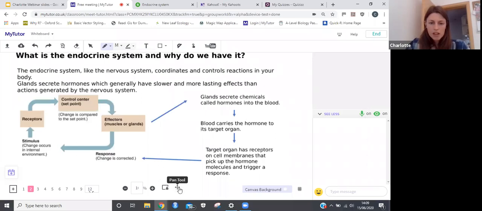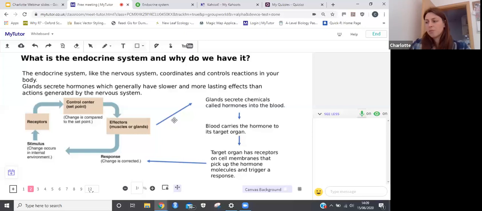So, what is the endocrine system and why do we have it? So the endocrine system, like the nervous system, coordinates and controls reactions in your body.